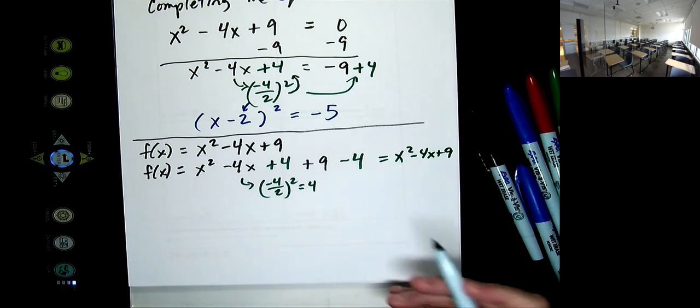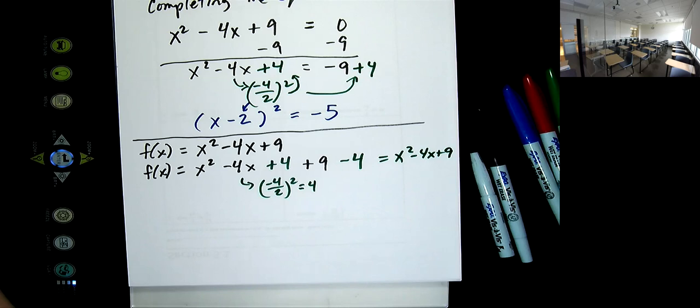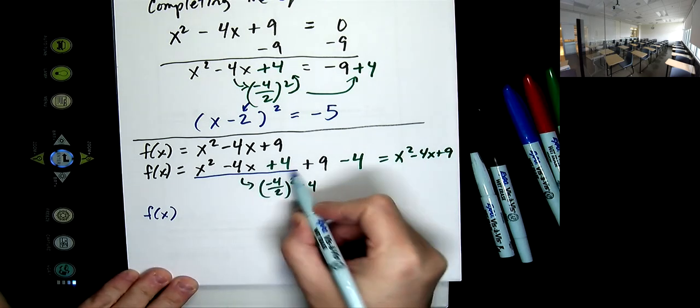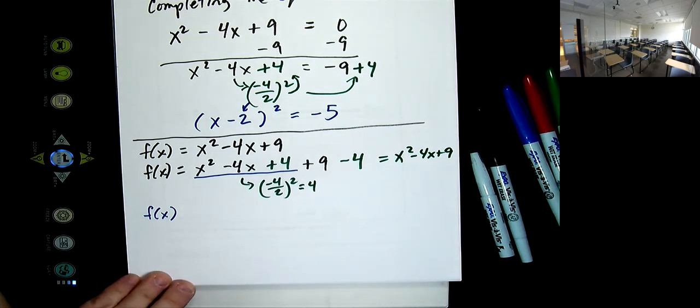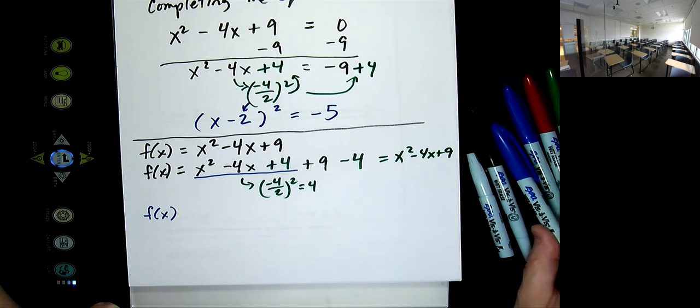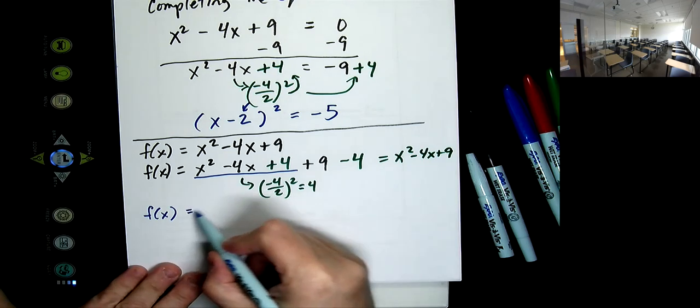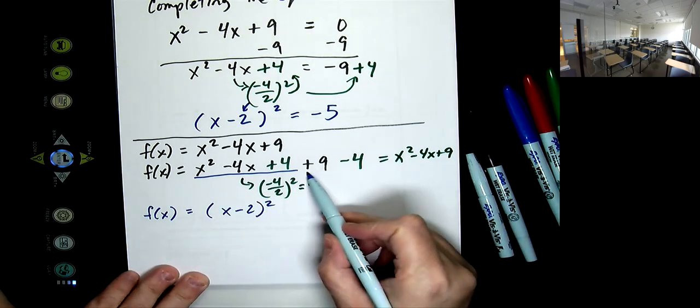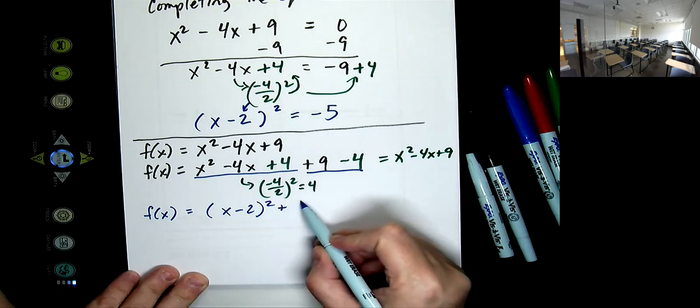But now we've written it in a way that we can take this part and complete the square, turning that into x minus 2 squared. And then we have 9 minus 4, which is plus 5.